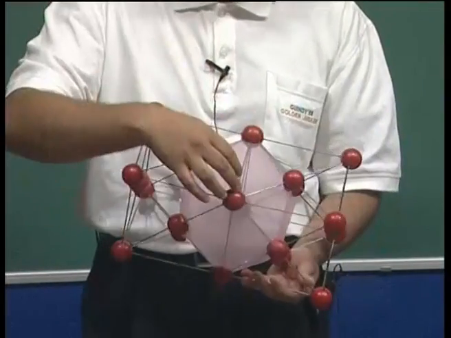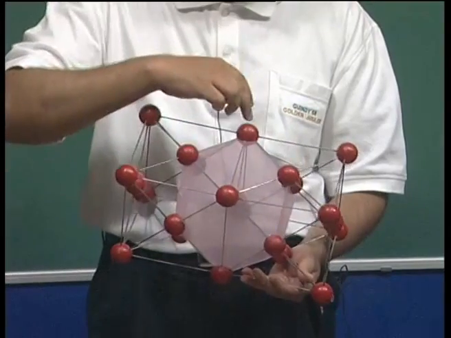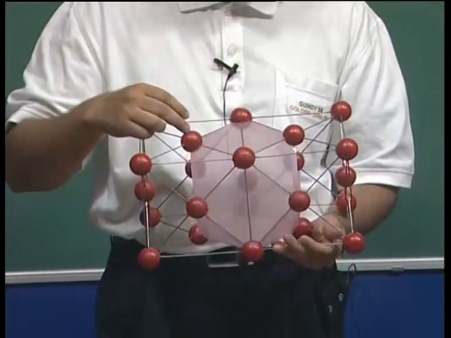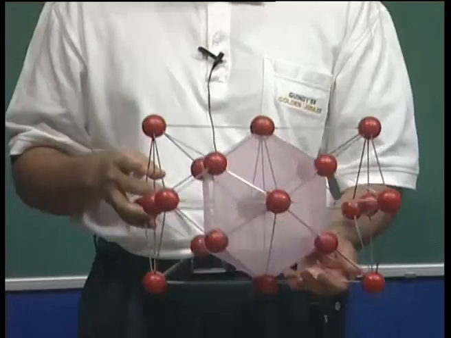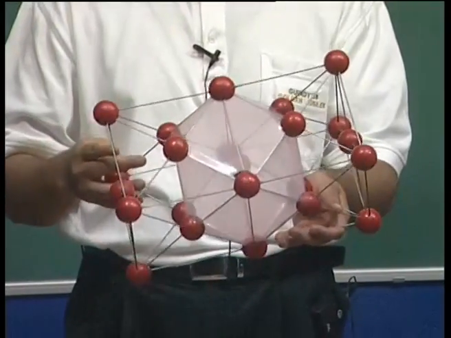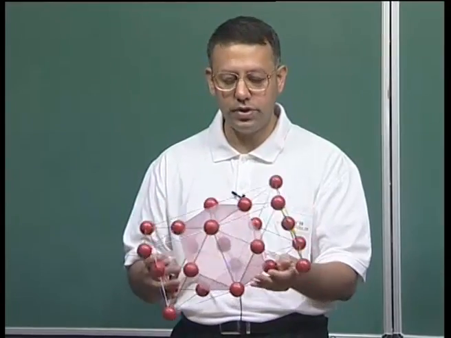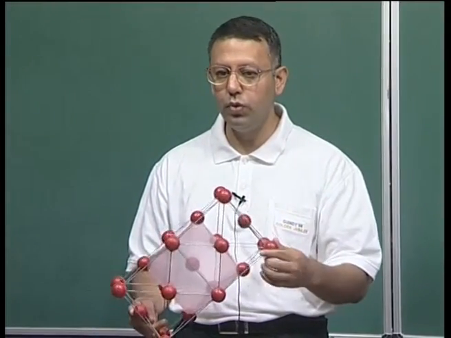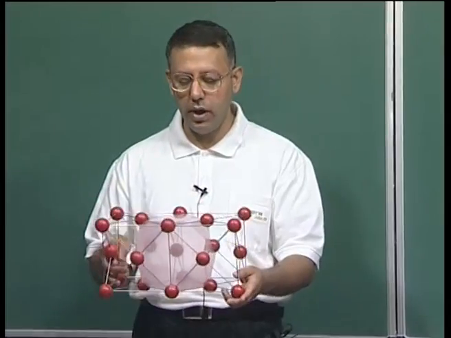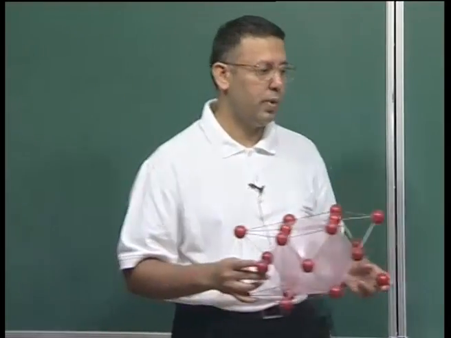So this atom is located root 2 a by 2, this is located at root 2 a by 2, this is located at root 2 a by 2, and this is also located at root 2 a by 2. So all of them are located at the same distance from the central atom, and the coordination polyhedron is a cube-octahedron. This kind of a structure later on, as we shall see, will be useful in some of the calculations we can make with the cubic close-packed crystal.